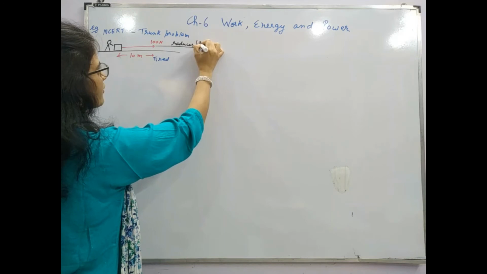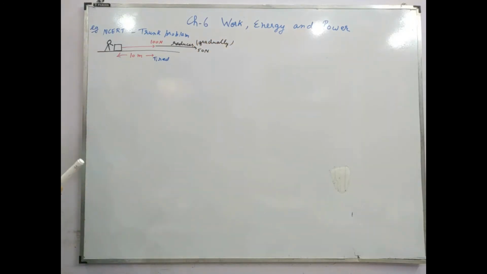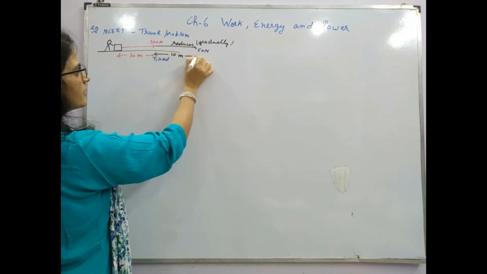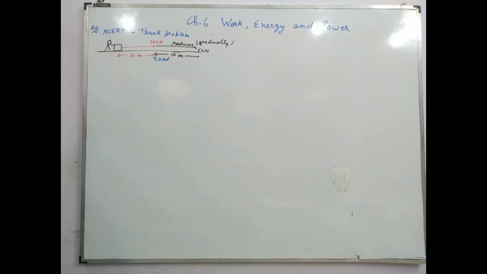So this reduces gradually, okay, in the next 10 meter. The total distance by which the trunk has been moved is 20 meters. So this is clear from the diagram.